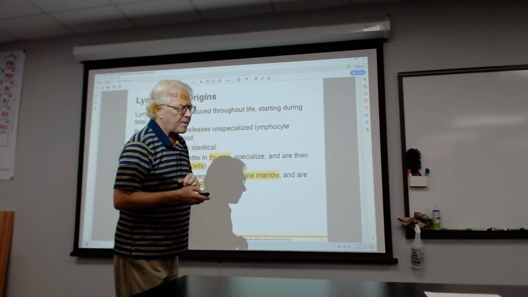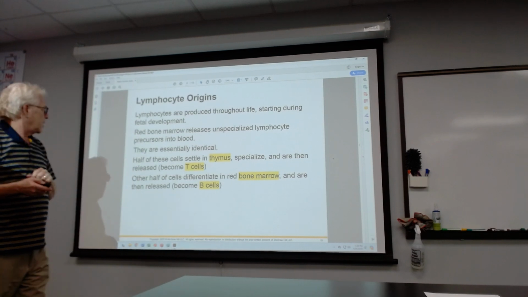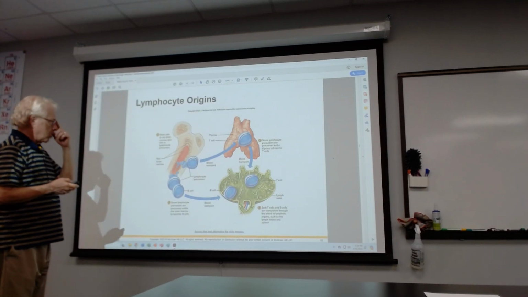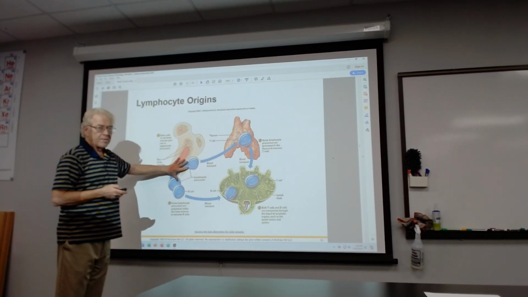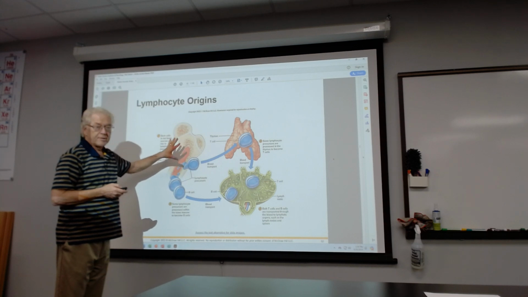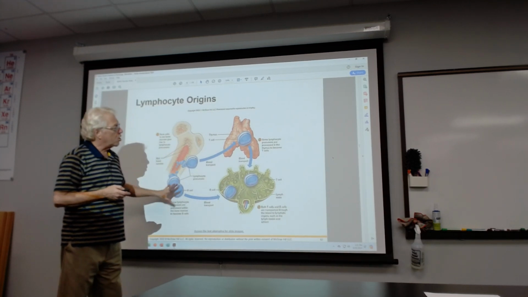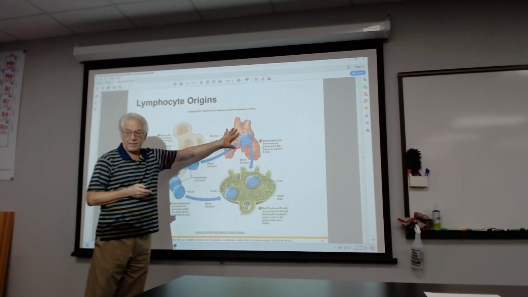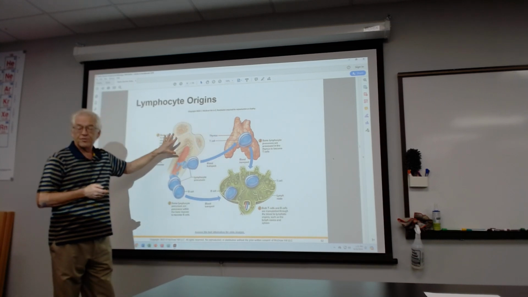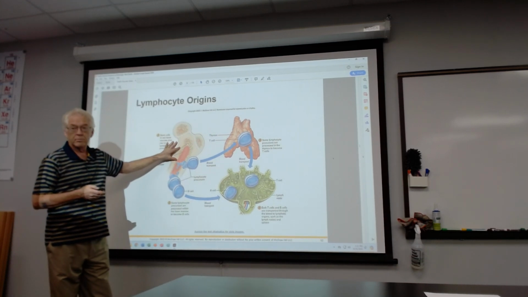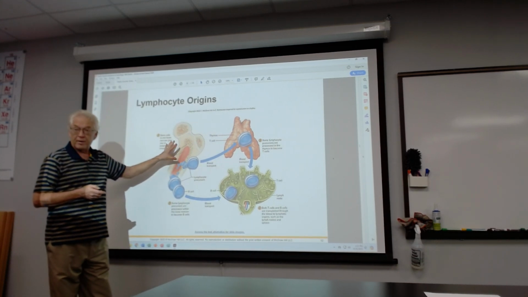So we're talking about training, and this is why we need to know. Both are made in the bone marrow. The T lymphocytes go to the thymus gland. The B lymphocytes stay in the bone marrow, and that's where they're trained.